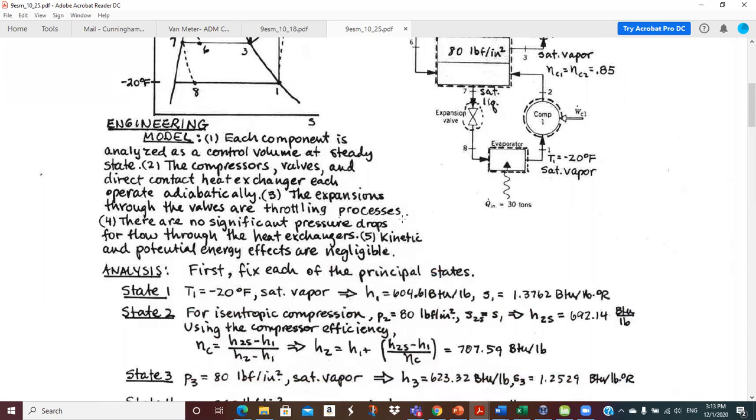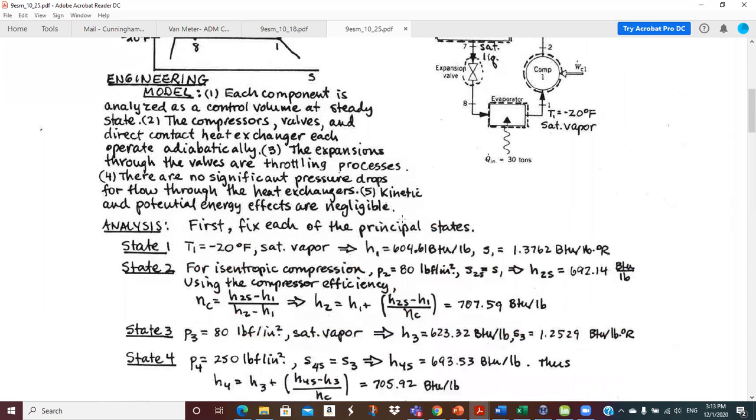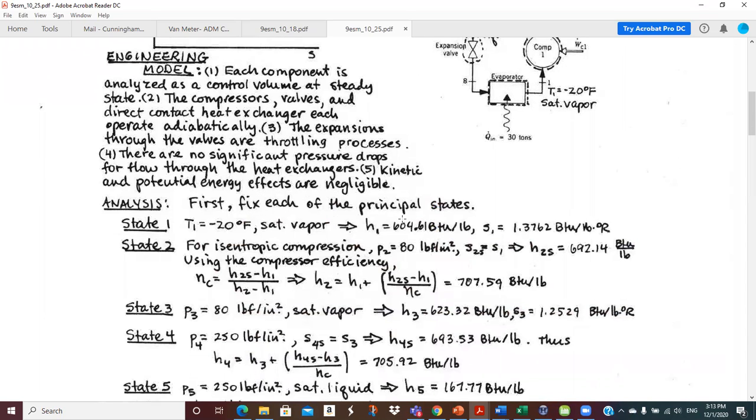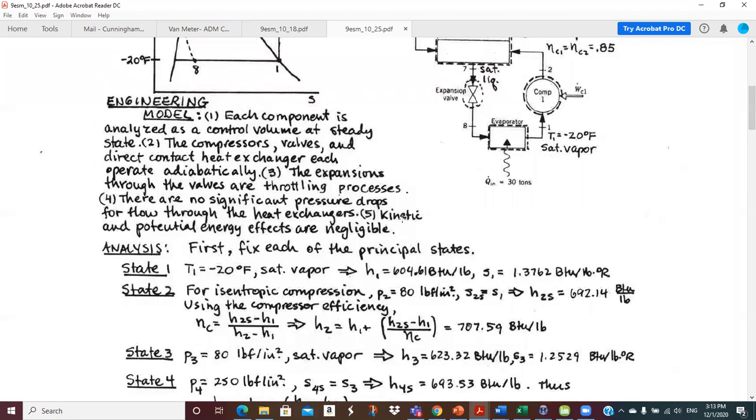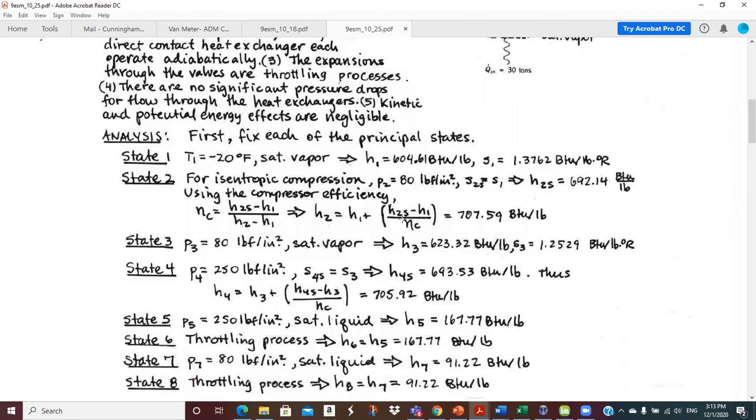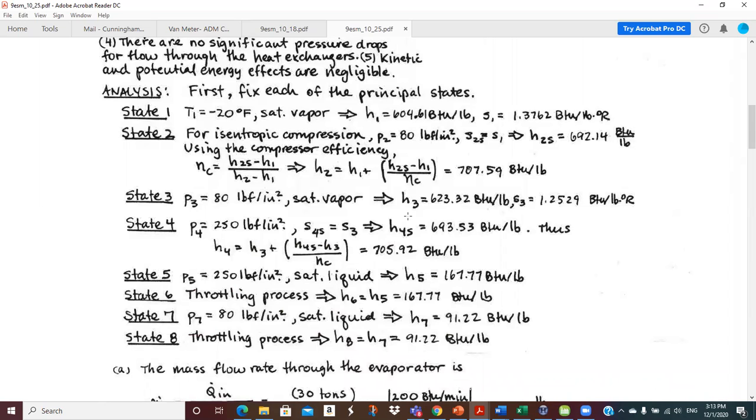Okay, so you can read the model. It's our standard stuff. So let's say, first thing we have to do, and he's going step by step, finding all of the properties. So for example, at state 1, it's minus 20 and it's saturated vapor.